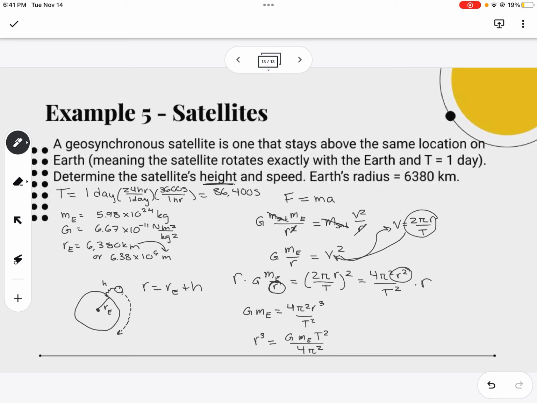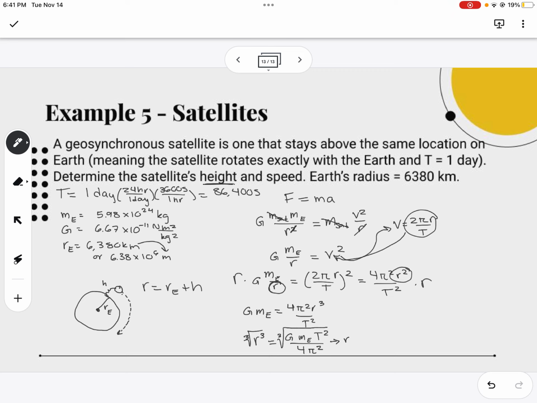So then to get r, you need to take the cube root of both sides. You would plug in a bunch of stuff. Okay.